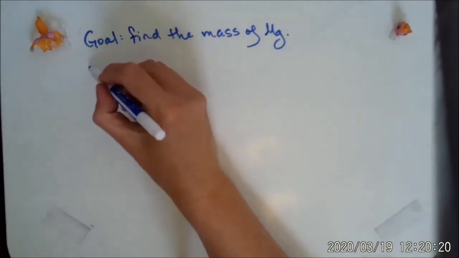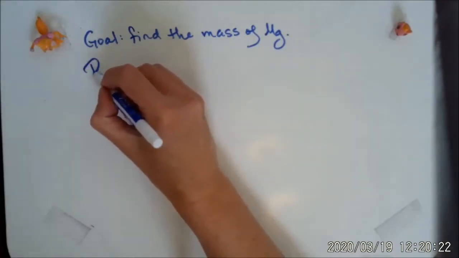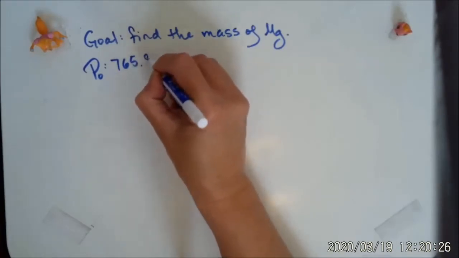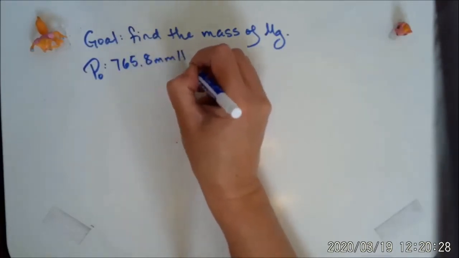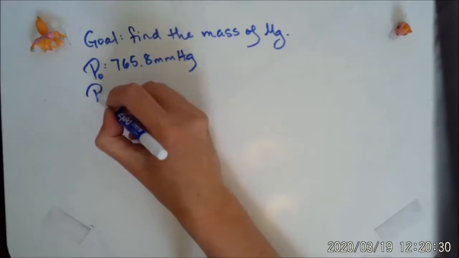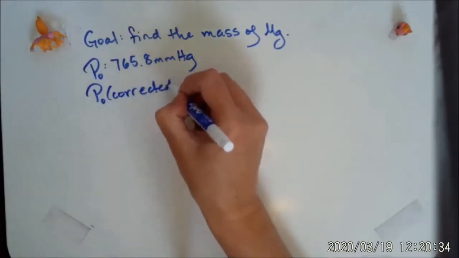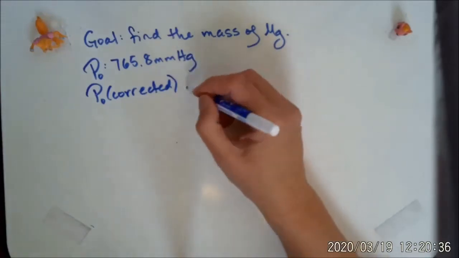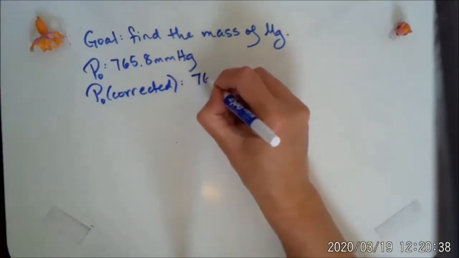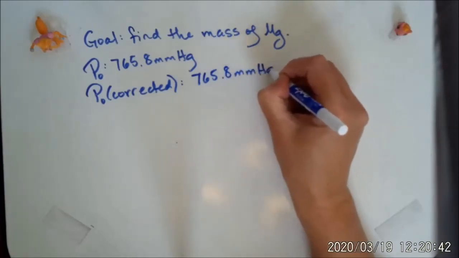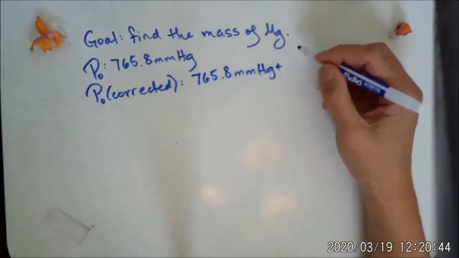We have pressure outside, 765.8 millimeters mercury. And if we're going to do the pressure corrected, okay, that's going to be 765.8 plus the pressure of the mercury.